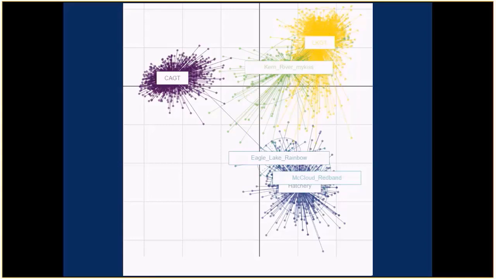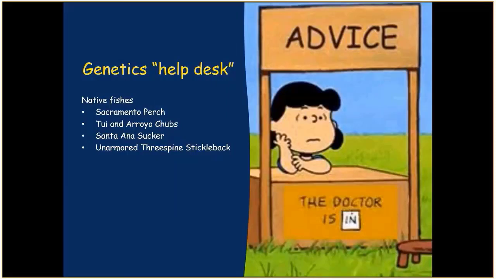Okay, so we also run what Kevin Schaefer likes to call the genetics help desk. We are often asked to provide technical expertise on different management and recovery questions on a variety of things besides salmonids.